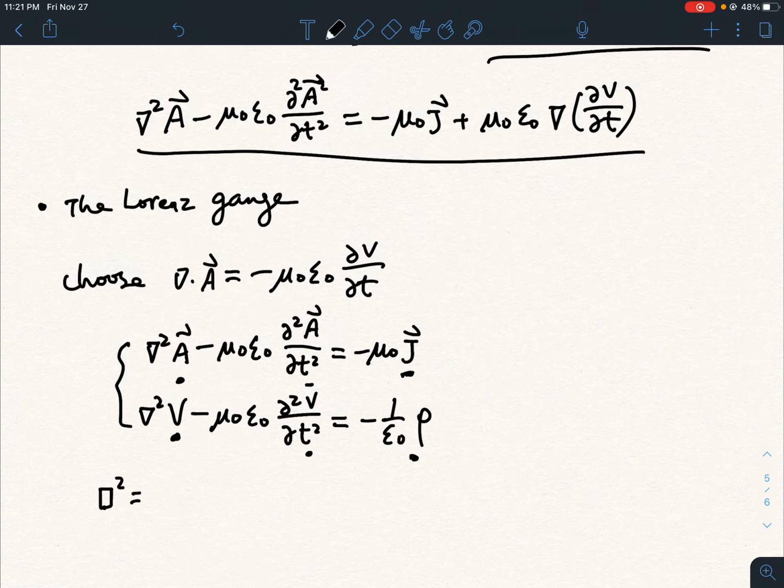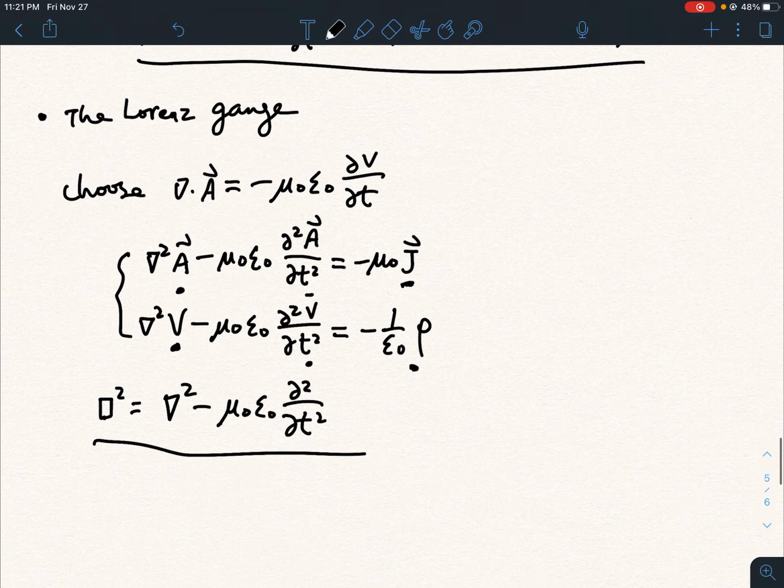So now if we define a symbol, this square, if we call it the D'Alembertian, we define it as this operator: del squared minus mu 0 epsilon 0 partial squared over partial t squared. So this is just a symbol, an operator.